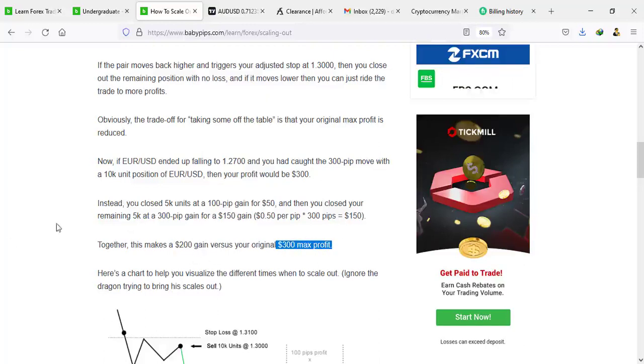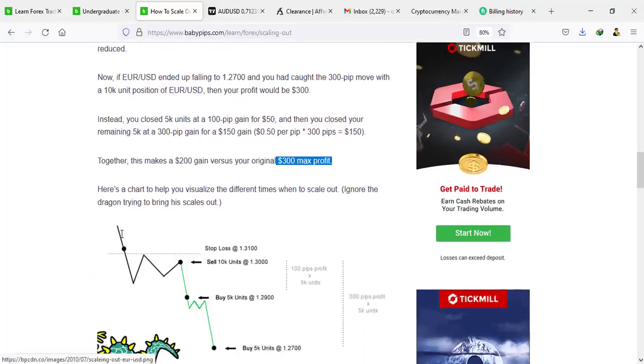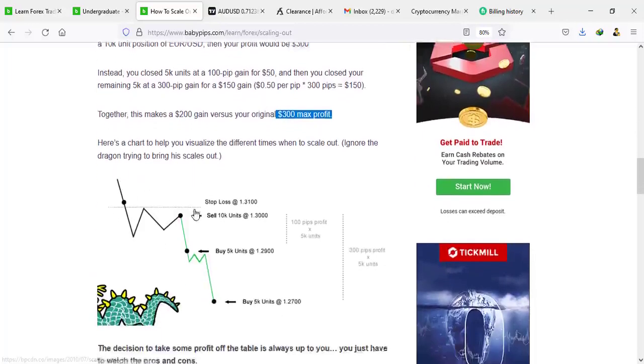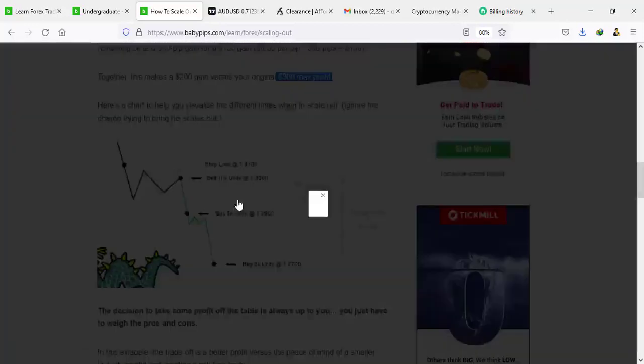Why? You closed in $50 earlier on, and then the trade went to your target and hit your TP. Because your remaining position size is 0.50 per pip on the units left, it will give you $150, plus the $50 which you closed out earlier on. That makes a total of $200, and so that is how the trade ended.